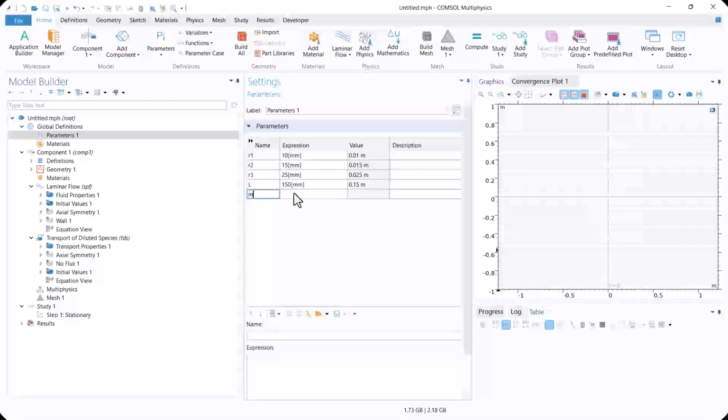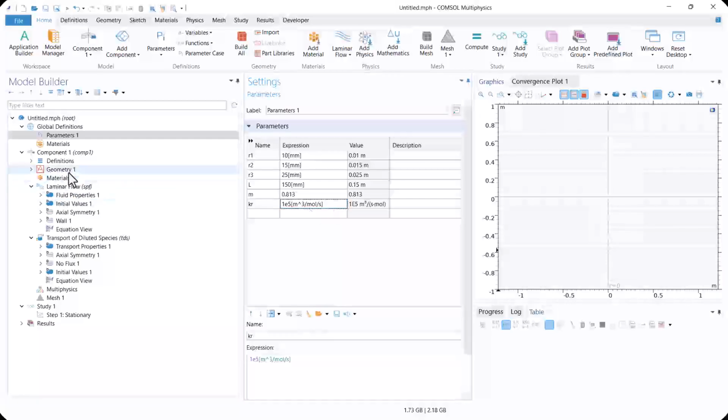And the partition coefficient or M is 0.813, and the reaction constant Kr is 1E5, and its unit is cubic meters per mole per second.